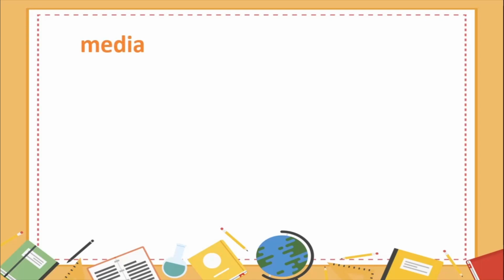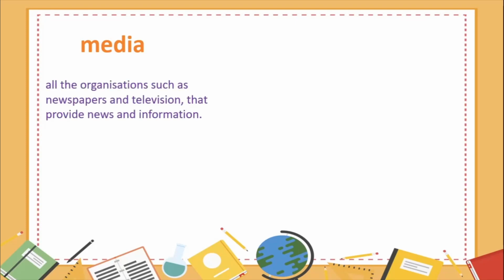So you have media. So what is the meaning of media? Now if you put on the TV, you are looking at a source of media. When you read a newspaper, you're looking at something which is related to media. So what is media? All the organizations such as newspapers and televisions that provide news and information is called as media.